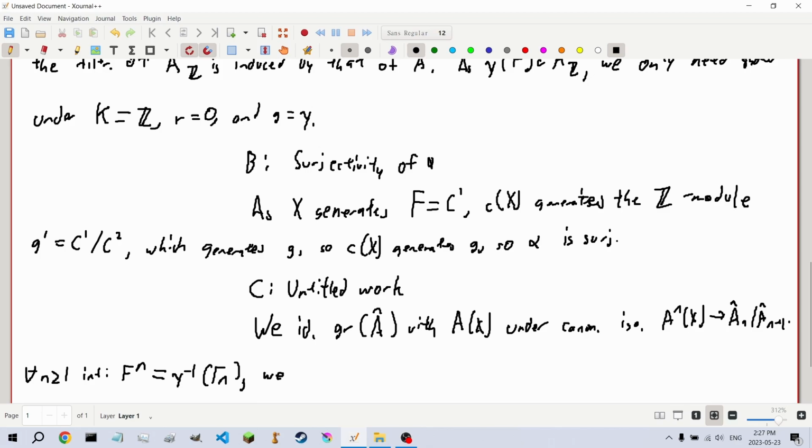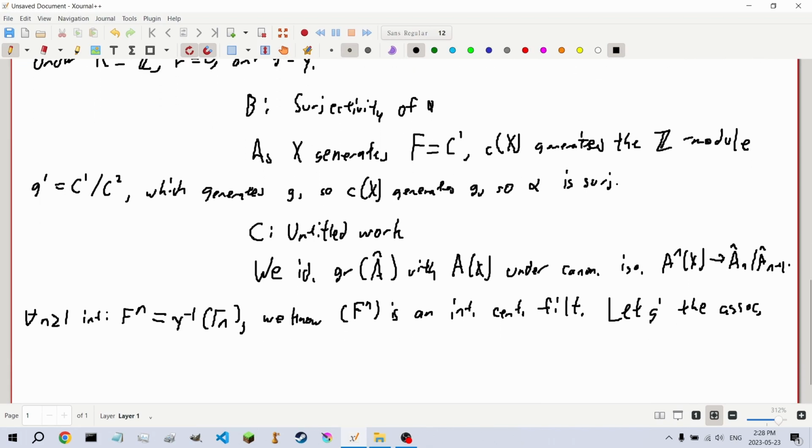And we know that F to the n is an integral central filtration on F, of course. Now we're going to let g prime be the associated graded Lie Z algebra.